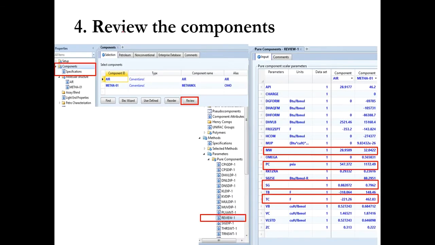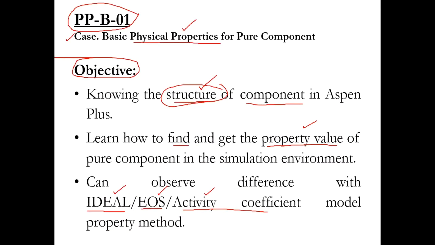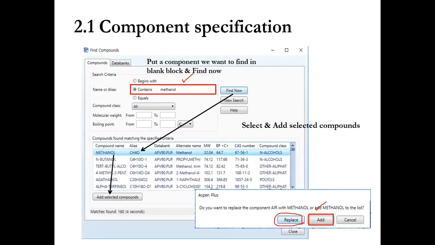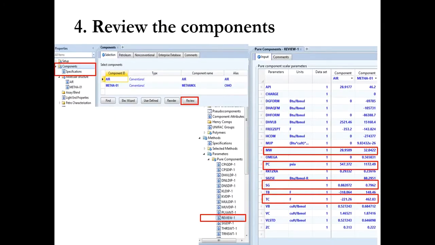Then you have to review the components. Review the components means if you go back to the problem statement, you have to determine the molecular weight, the density, specific gravity, critical pressure, and critical temperature. These values can be easily estimated by clicking on the review button.